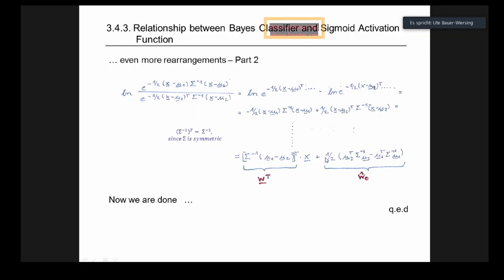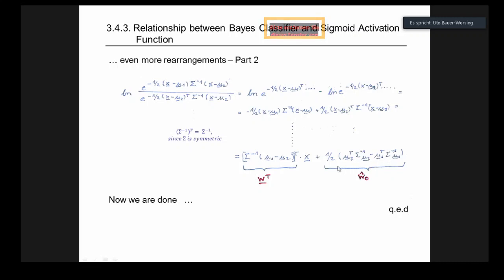Here we have the X, and here we have a second part, W0 hat, which is given as a difference between the mean vector and the covariance matrix of class 2 and class 1.